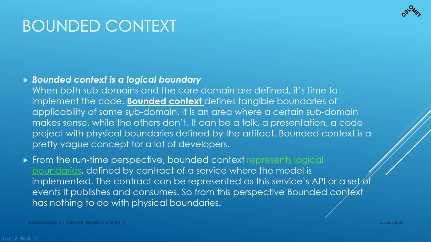So bounded context defines tangible boundaries of applicability of a subdomain. It's an area where a certain subdomain makes sense, while others do not. It can be a talk, a presentation, a code project, or literally anything. It's a very difficult concept to understand, more or less. If you want to read more about this, of course, you can.